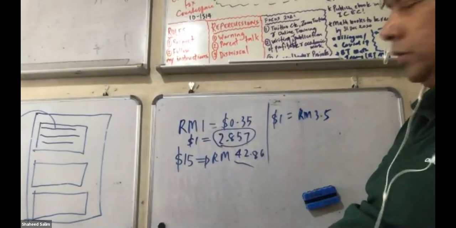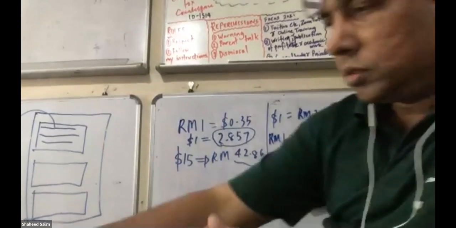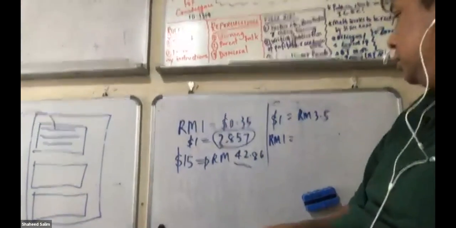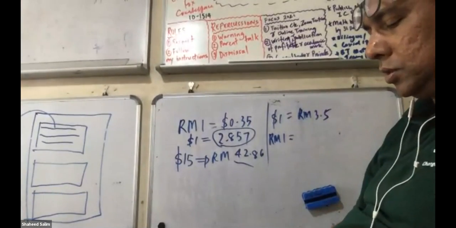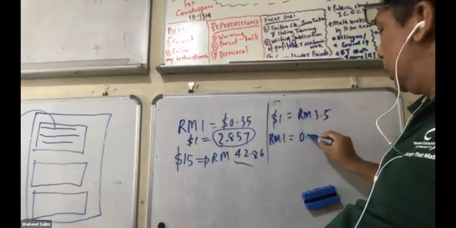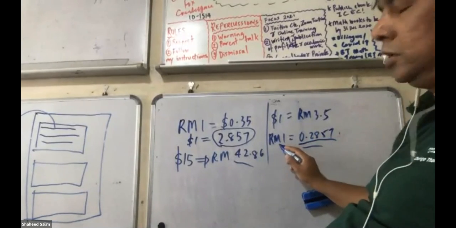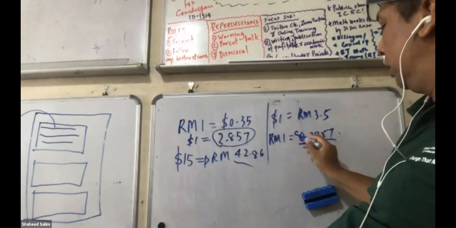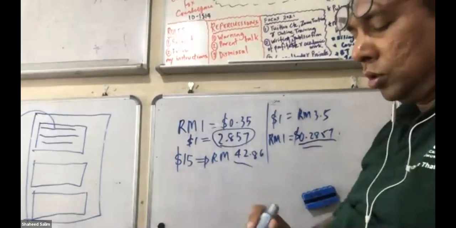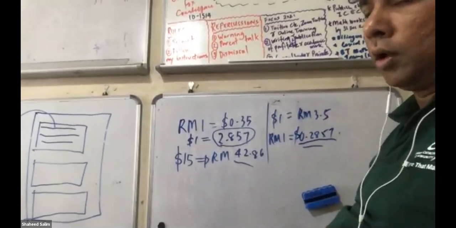$3.5. What is 1 ringgit Malaysia equals to in dollars? Ask yourself, which one is bigger, which one is smaller. Then it becomes 0.2857. Okay. So this one cannot be more than 1 because the ringgit is weaker than the dollar. So that's all you need to know for currency.